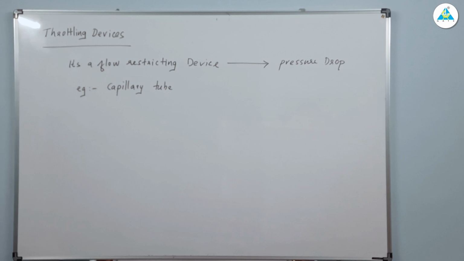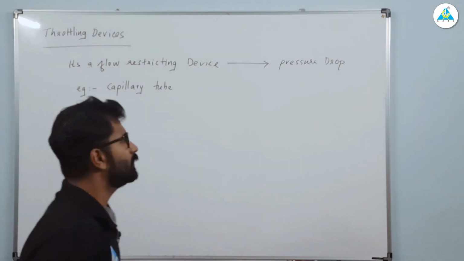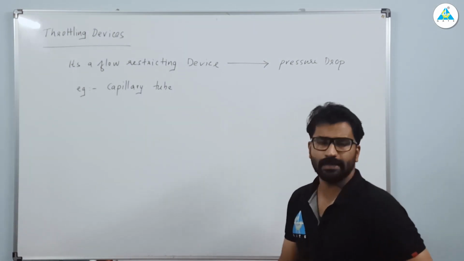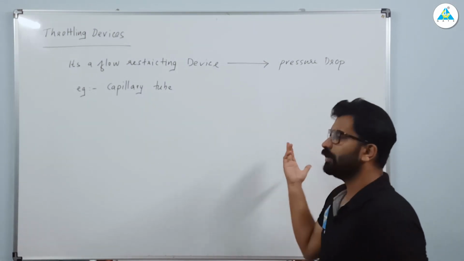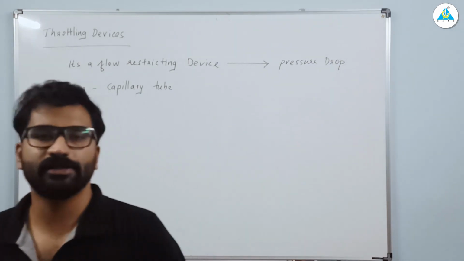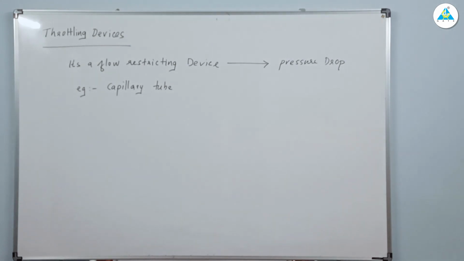For this reason, throttling devices are commonly used in refrigeration devices or AC, air conditioning devices.